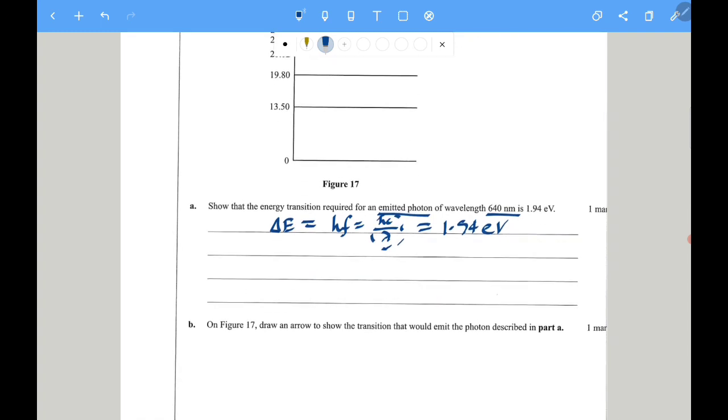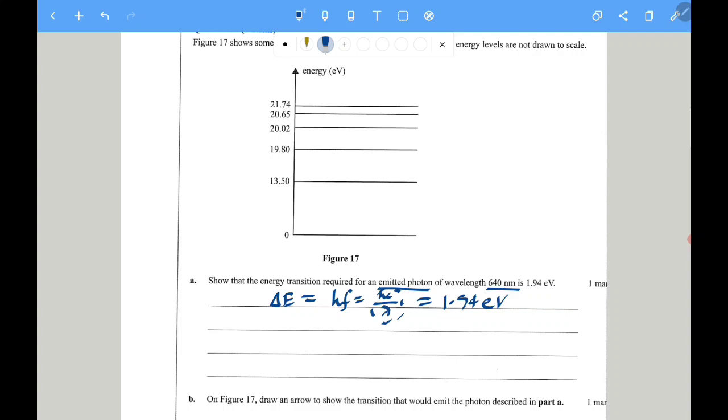So moving on to part B, we have to draw an arrow to show the transition that would emit the photon described. So let's try to find 2 lines that have a difference of 1.94 electron volts. Right, so just skimming through this, this seems promising.